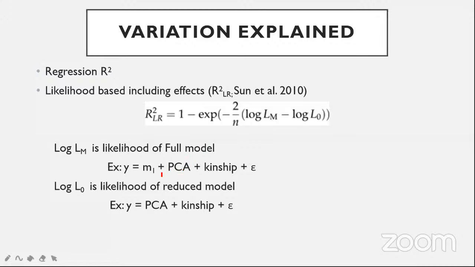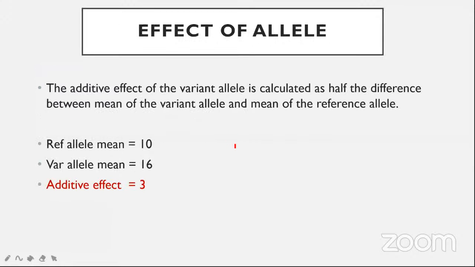In the full model, you include the marker with other factors. In the reduced model, you take the marker out, and the difference between these two could give you the R square likelihood ratio.